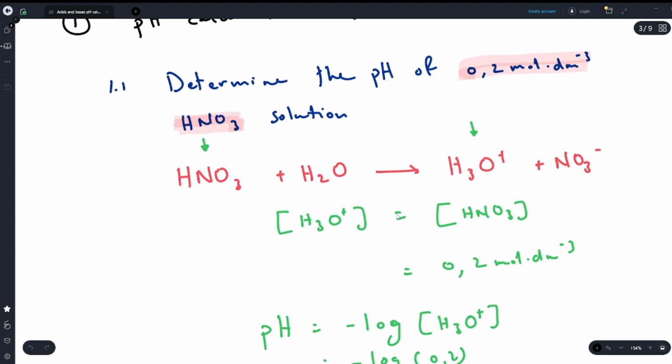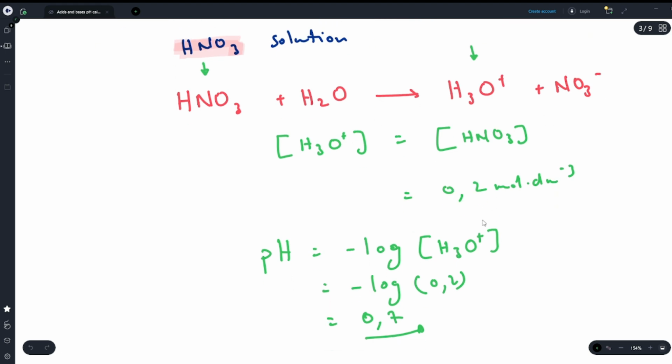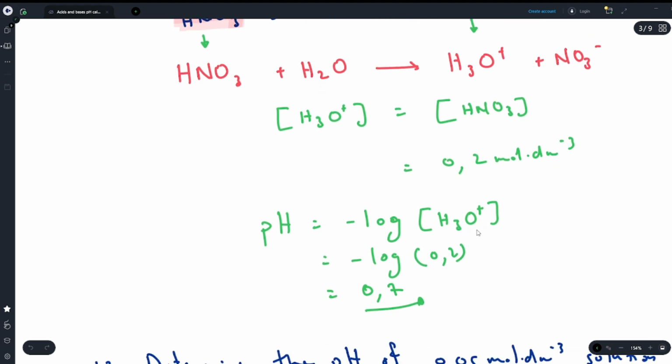Therefore, the concentration of H3O plus is equal to the concentration of HNO3, which is 0.2 moles per decimeter cubed. Taking this concentration, putting it into our pH calculation equation, the minus log of 0.2 gives me 0.7 as the pH.